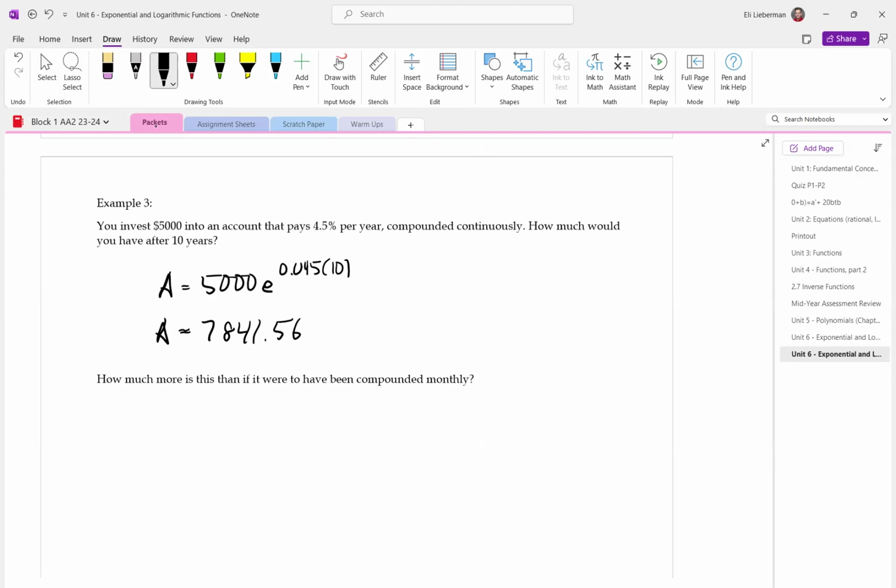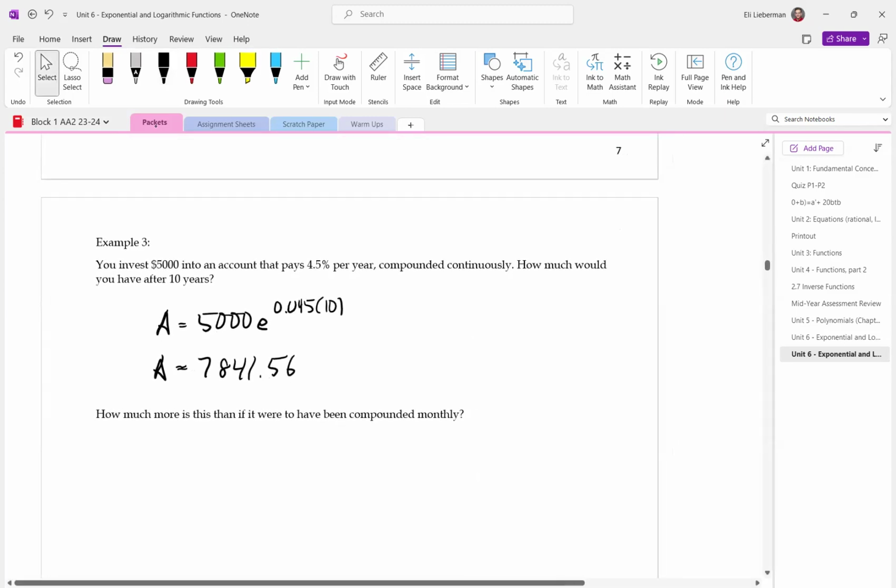Dylan? For this, can you use A equals P times (1 plus r over n)? If it's compounded continuously, no. It does say per year, but that 4.5 is being divided into an infinite number of pieces when it says continuously, so you must use P times e to the rt. Yes, Deanna?